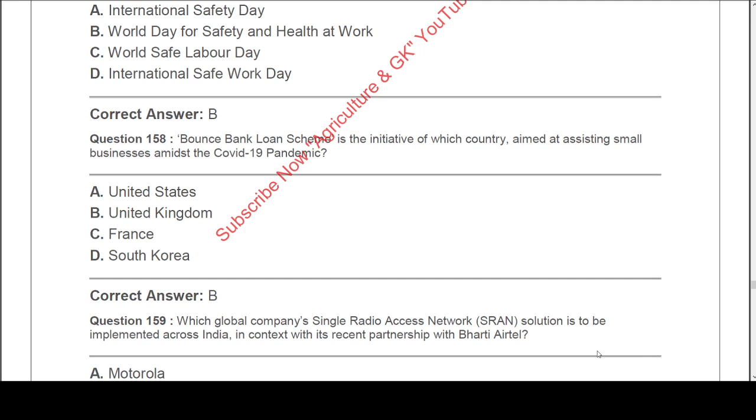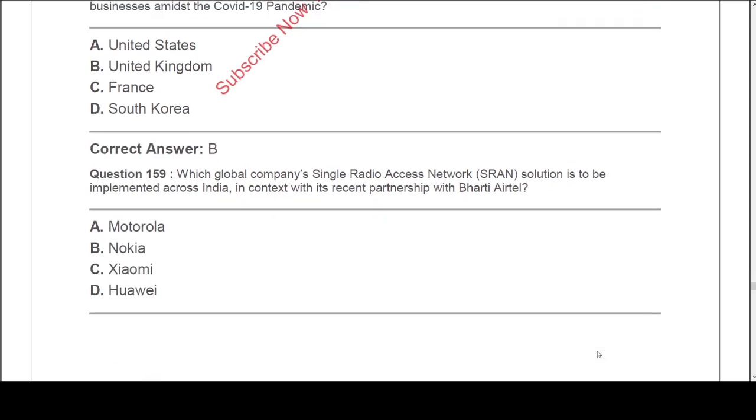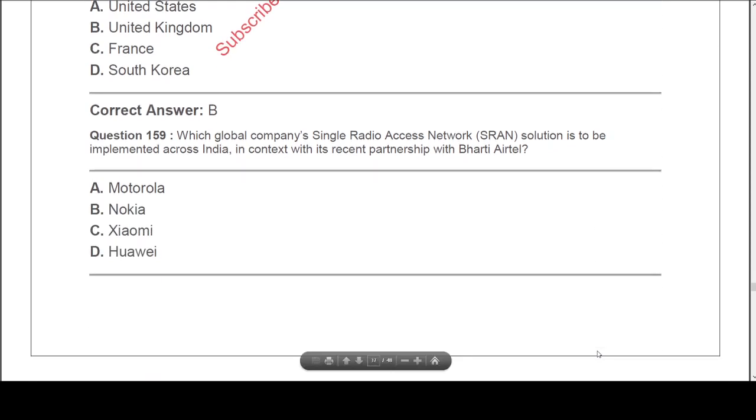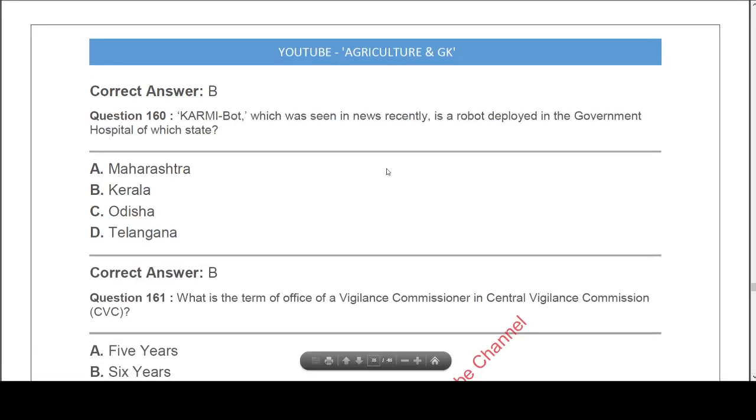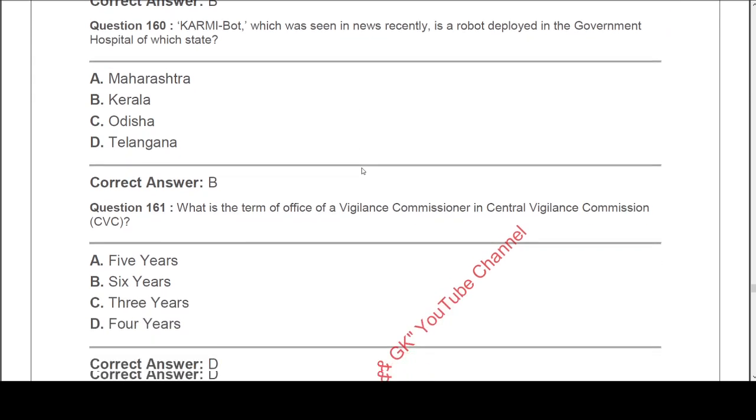Option B. Which global company's single radio access network solution is to be implemented across India in context with its recent partnership with Bharti Airtel? It is option B, Nokia. KRIBHCO, which was seen in the news recently, is a robot developed in the government hospital of which state?